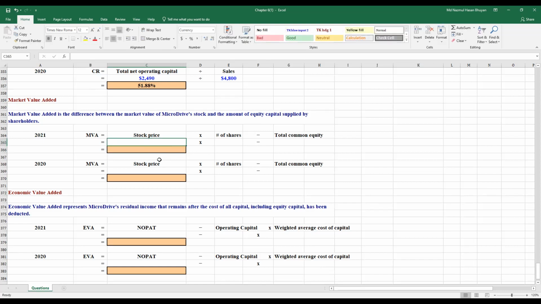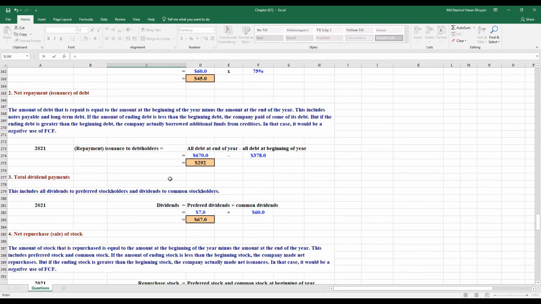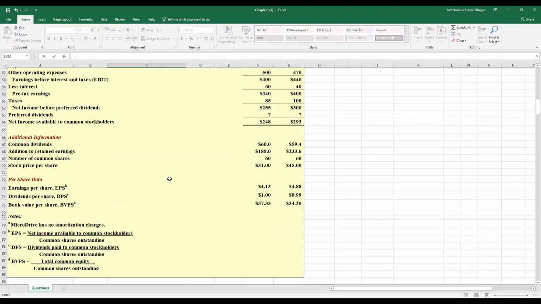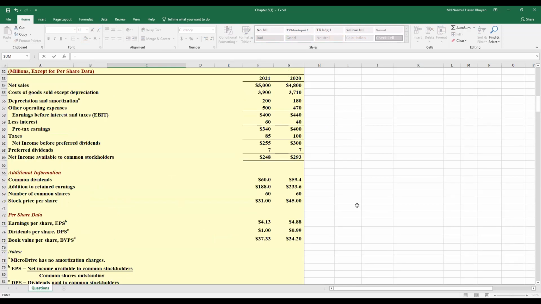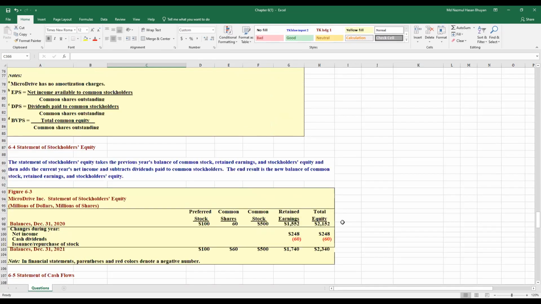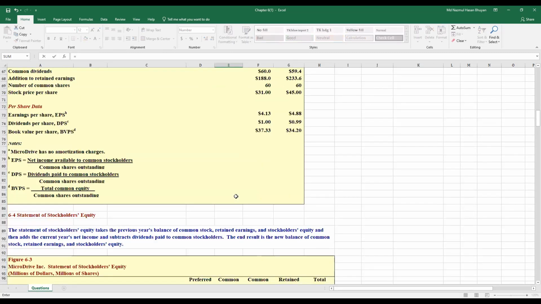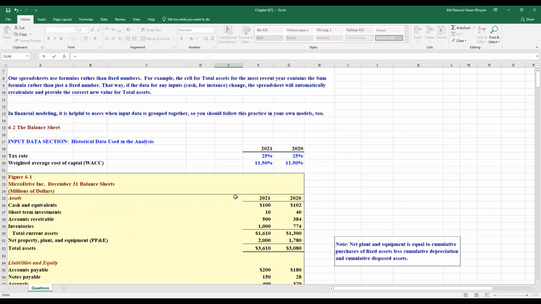So market value of a firm is the product of the share price per share and the number of shares outstanding. So let us see what is the stock price of this company. The stock price of this company in the year 2021 is $31, and the number of shares outstanding during the same year is 60.